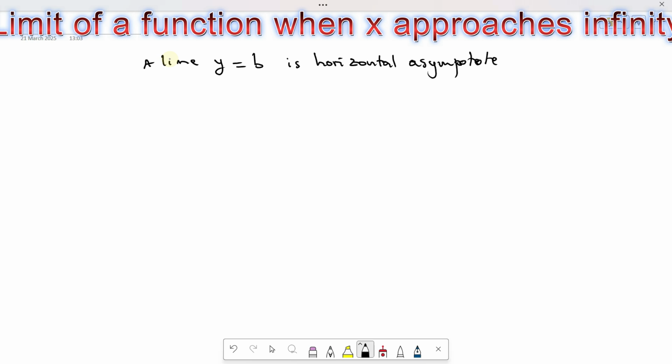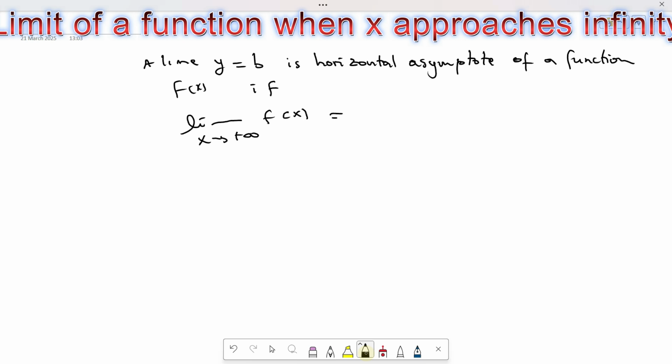asymptote. Let me write it well anyway. Asymptote, yes. The line y equals b is the horizontal asymptote of a function f of x if the limit when x tends to plus infinity of your function f of x exists and is equal to b, or the limit when x tends to minus infinity of f of x exists and is equal to b.